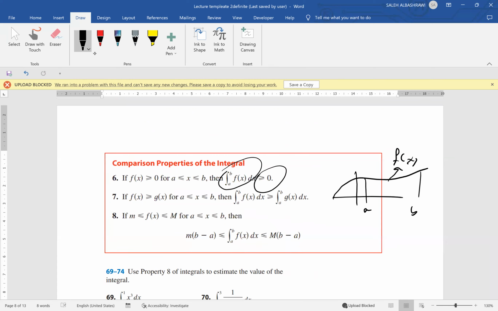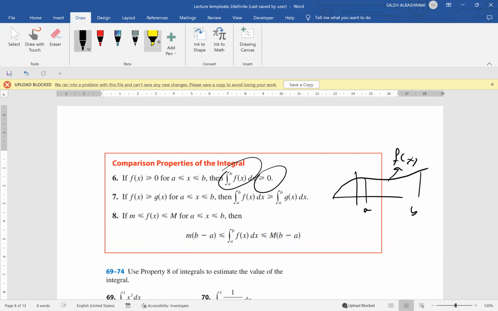If I have a non-negative function for all x between a and b, then the integration of the function will also be non-negative, greater than or equal to 0. The positive function will give me a positive integration.